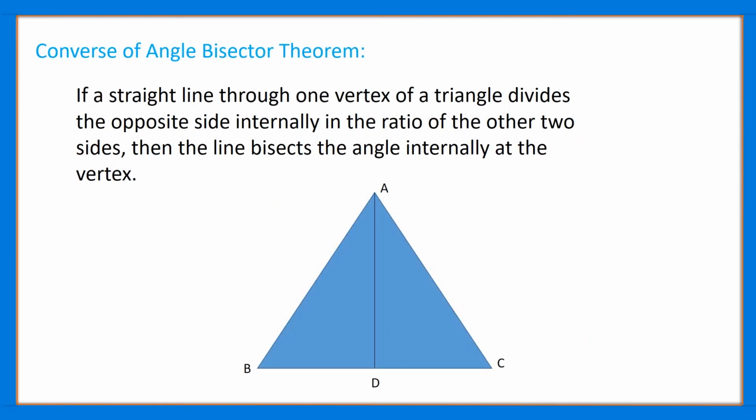It has. The converse of the angle bisector theorem tells us that if a straight line through one vertex of a triangle divides the opposite side internally in the ratio of the other two sides, then the line bisects the angle internally at the vertex.